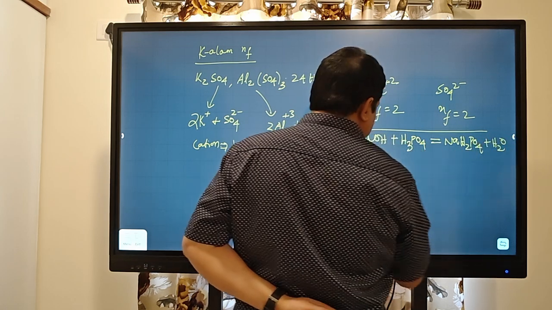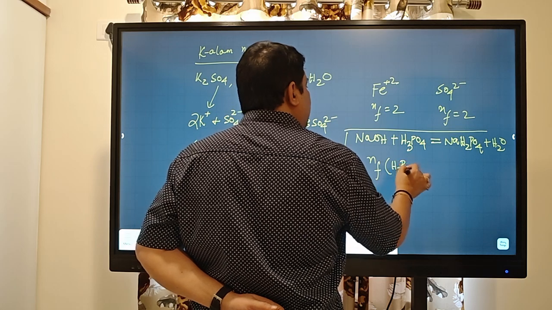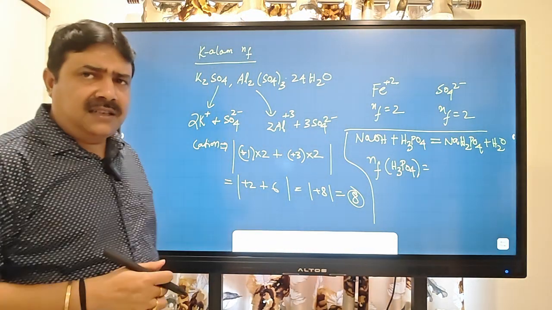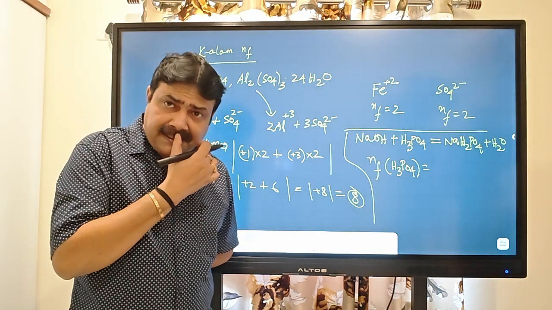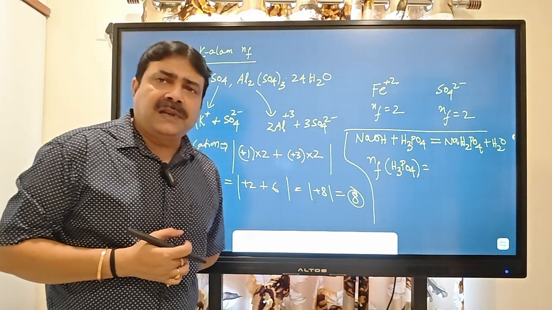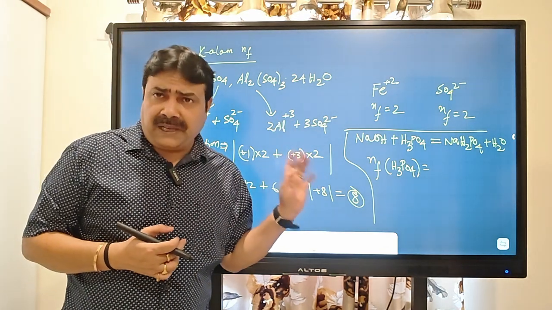Now, in this reaction, if I ask the N factor for H3PO4, what is that value? Everybody will say, sir, H3PO4 N factor is 3, as there are 3 replaceable or ionizable H plus. That is the N factor for the acid, but that is the maximum capacity.